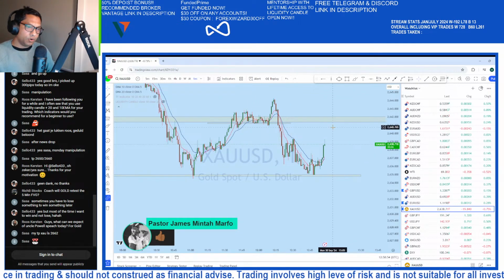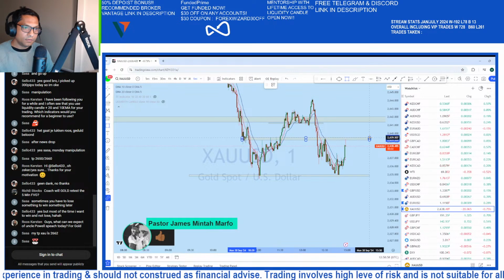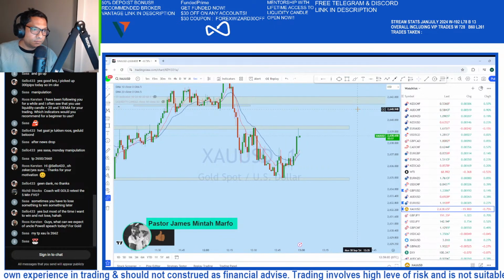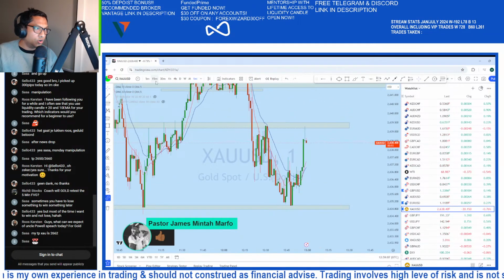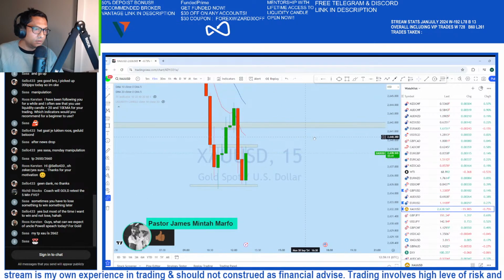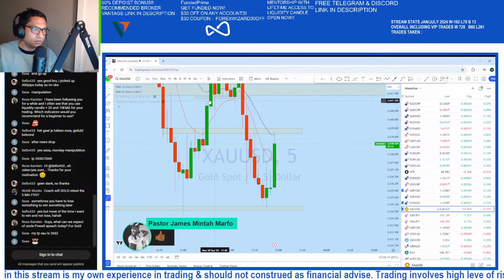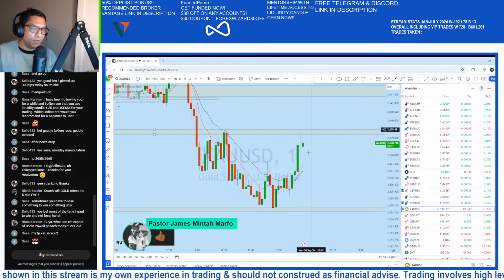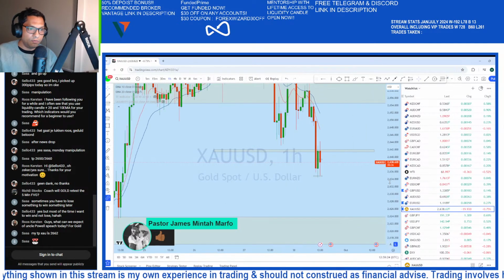This is an important level here. What you can see, this is a resistance line. We can see there is a doji formation, and okay, we might see again another potential upside here before breaking below.